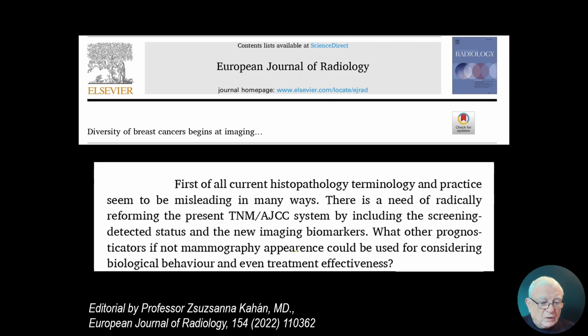I hope that you're familiar with our new publications. Already 4 articles came out within this year, and an oncologist wrote an editorial. Please read what the oncologist wrote. First of all, current histopathologic terminology and practice technique seem to be misleading in many ways. There is a need to radically change the TNM classification system. Reporting the detection mode, that is screen detected status, is a very good prognostic factor.